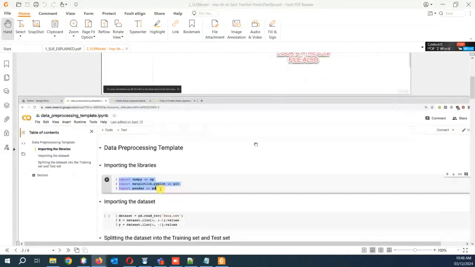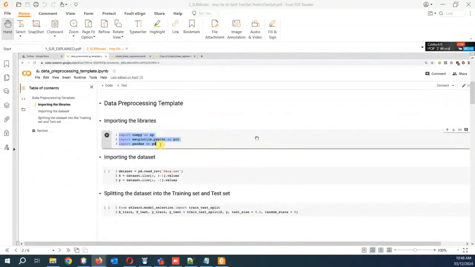Okay, let's scroll down a little bit. This looks a little bit familiar to us. What is the familiarity? Importing the libraries, we already know. Importing the data set, we already know. Splitting the data set into training set and test set, we already know that.